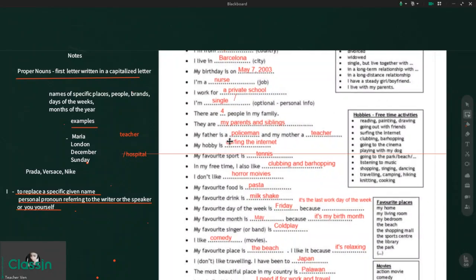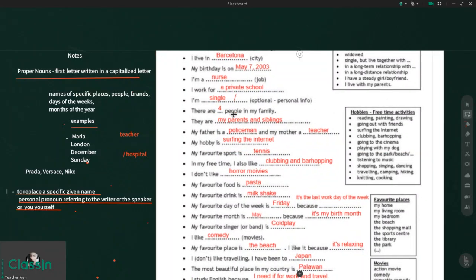Moving on with your birthday, you can write it like this. My birthday is on December. Once again, the month is a proper noun, so the first letter is capitalized and the rest are small letters.